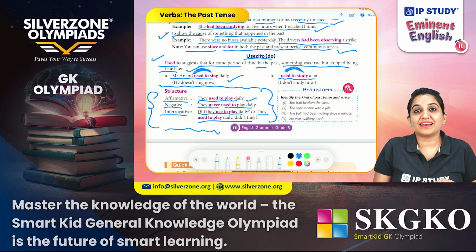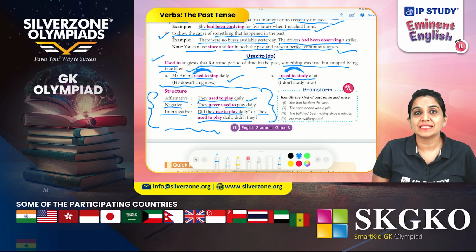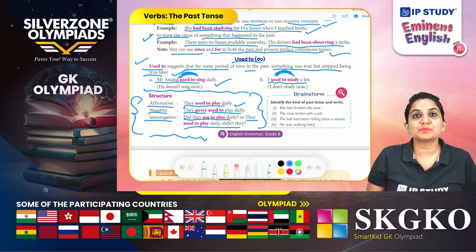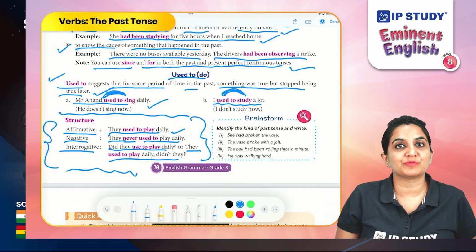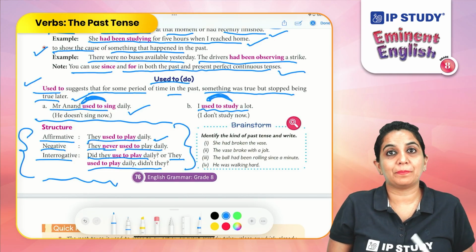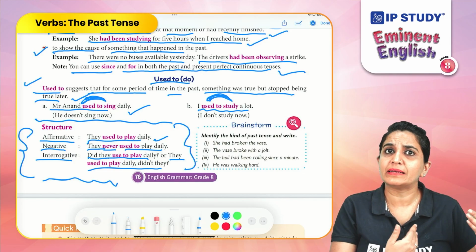So that was all about the past tense. We learned there are 4 types of past tense: simple past tense, past continuous tense, past perfect tense, and past perfect continuous tense. What is a past tense? Very good. A past tense is an action that had happened in the past.